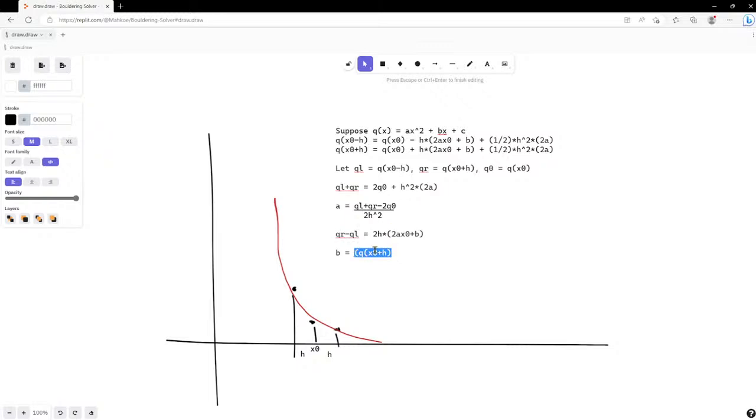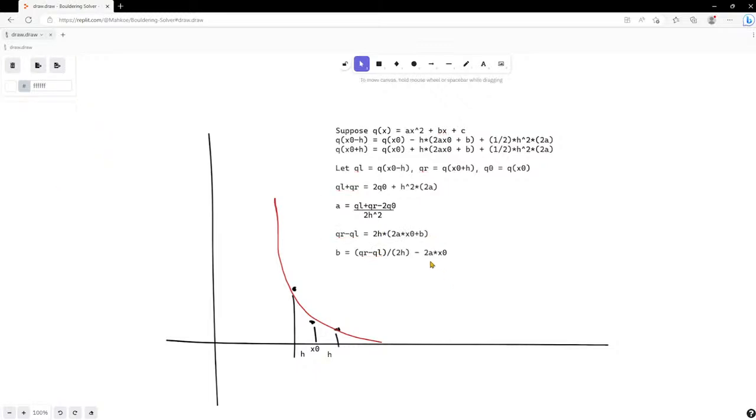So B is equal to QR minus QL over 2h minus 2a times x naught.